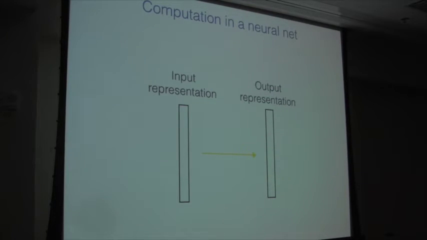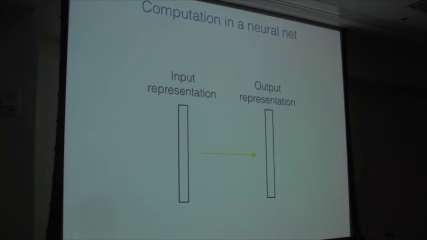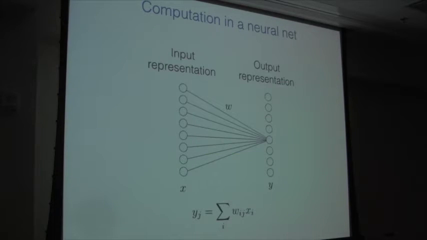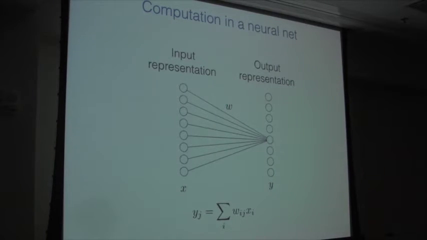OK, so the basic computation is you have a stack of simple repeated units. And a single computational unit is just going to take an input representation, maybe an image, or maybe a mid-layer of the network, and it's going to produce an output representation. So how does that work? It's modeled off of the idea of neurons that are connected by edges.